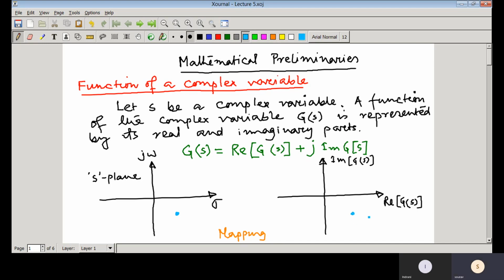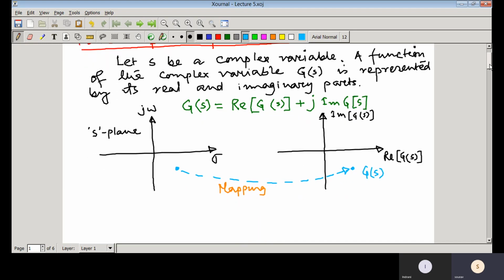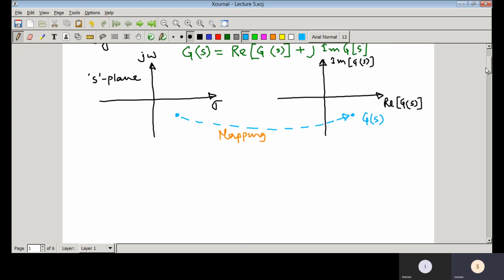Suppose there is another point, G(s), mapped from the s plane to the G(s) plane. Now two definitions should come here. One is called a single valued function and the other is called a one-to-one mapping. If for every value of s there is only one corresponding value of G(s), it is called a single valued function.